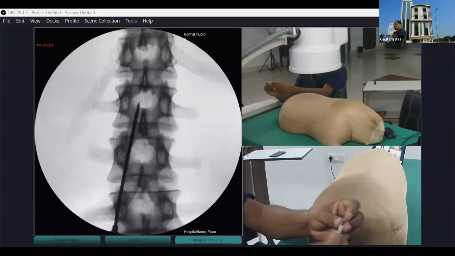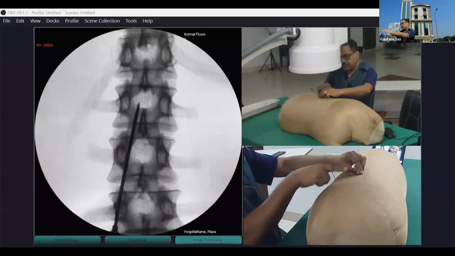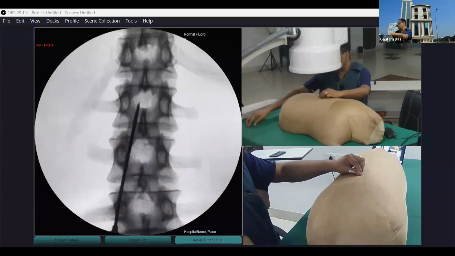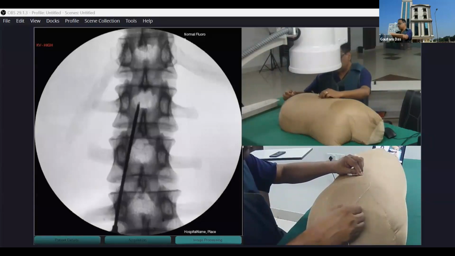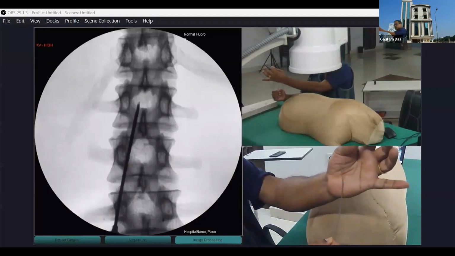And as Dr. Series already told, normally we start the entry point 1.5 to 2 levels below, and the angle, this angle, should be less than 30 degrees. Why? Because this is a spinal stimulator lead. You see the electrodes are inside that.